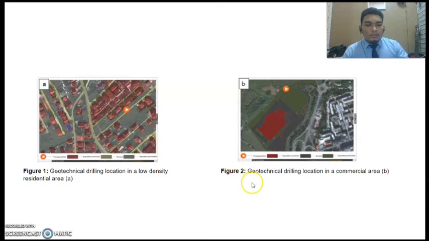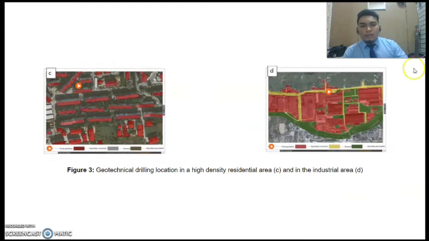Figure 2 is the geotechnical drilling location in the commercial area, B. And C and D are the geotechnical drilling locations in the high density residential area, C, and in the industrial area, D.